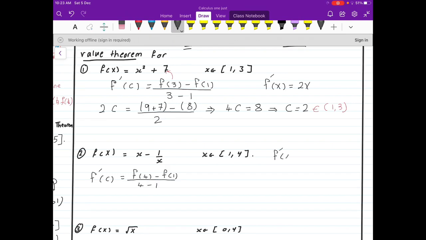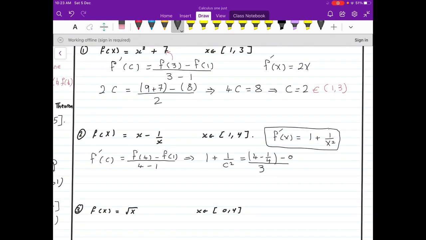Now, what is f prime x? Differentiate 1 + 1 over x squared. Now, f prime, let's see, 1 + 1 over c square = f4, 4 - 1 over 4, minus f1, 1 - 1, 0 over 3.